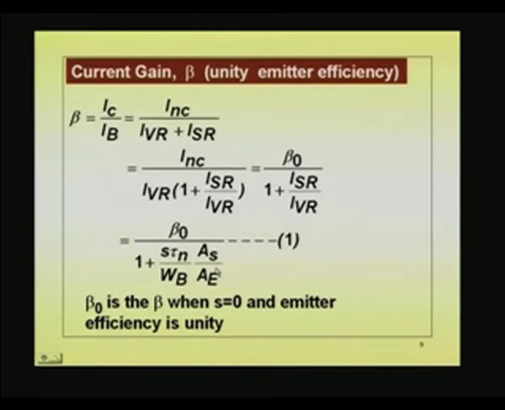Now, you can see very clearly that the ratio of surface current to volume recombination current plays a very major role in deciding the current gain. Let us put some more numbers and see. So, beta naught is the beta when S equal to 0 and emitter efficiency gamma is 1.